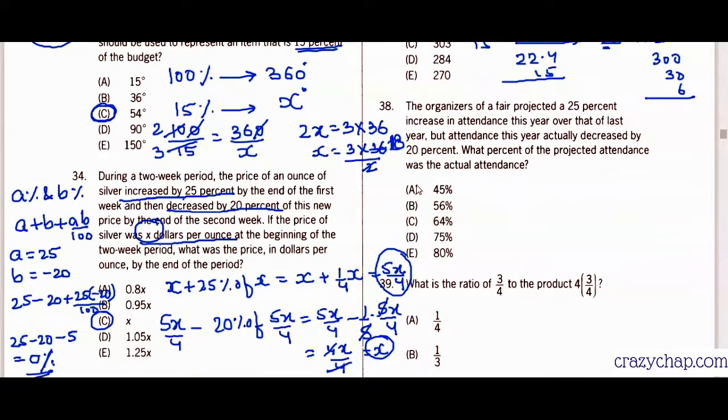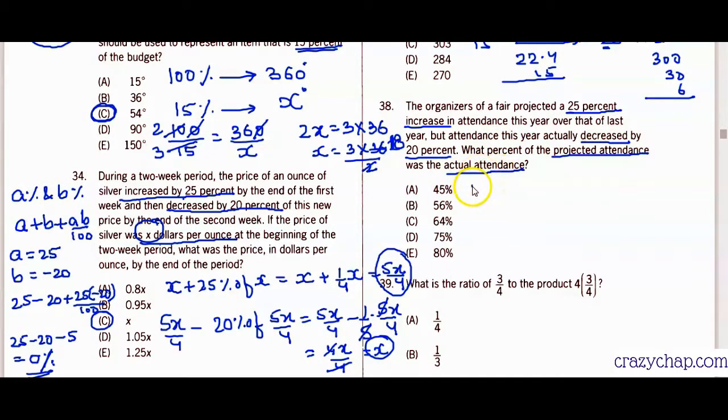Organizers of a fair projected a 25% increase in attendance this year. So they projected a 25% increase in attendance over the last year, but attendance this year actually decreased by 20%. What percent of projected attendance was the actual attendance?